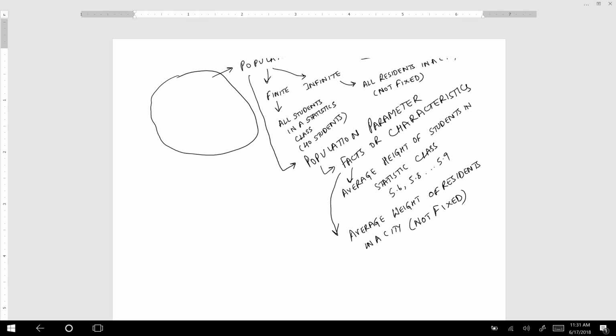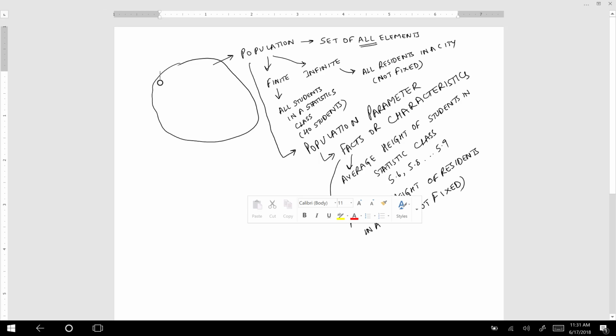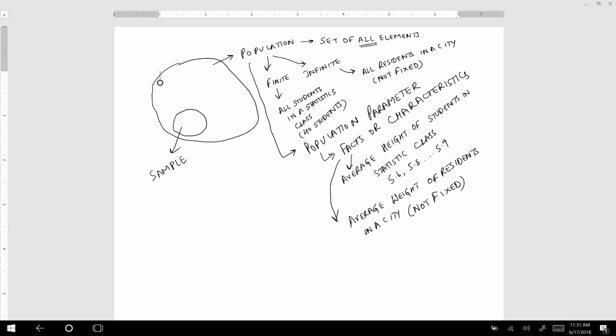So to overcome this problem of a population, we take a sample. So we take a sample from a city, say 100 residents, and survey them or measure their weights, and we get an average weight.